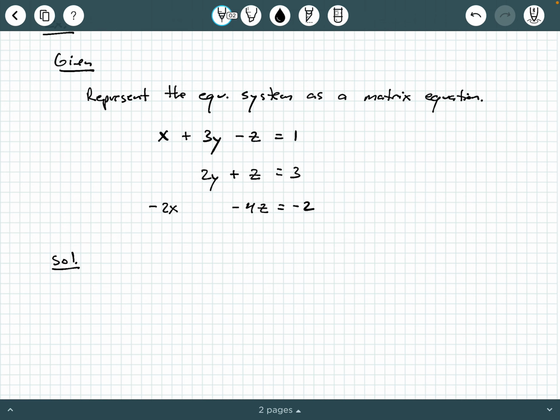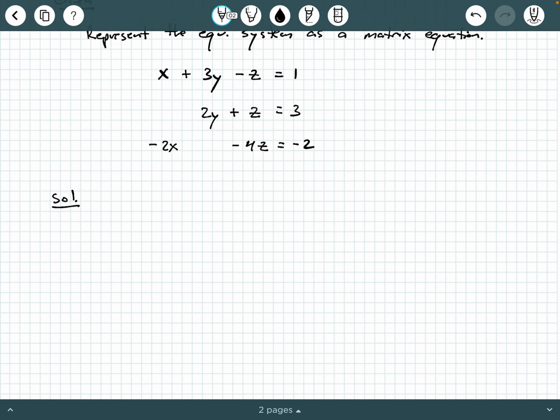So then I'm going to write solution. And so the first thing I'm going to do is write my coefficient matrix. My coefficient matrix will contain the constants multiplied by each of the variables. The matrix equation totally will be A times x equals B. So coefficient matrix A will be 1, 3, negative 1.